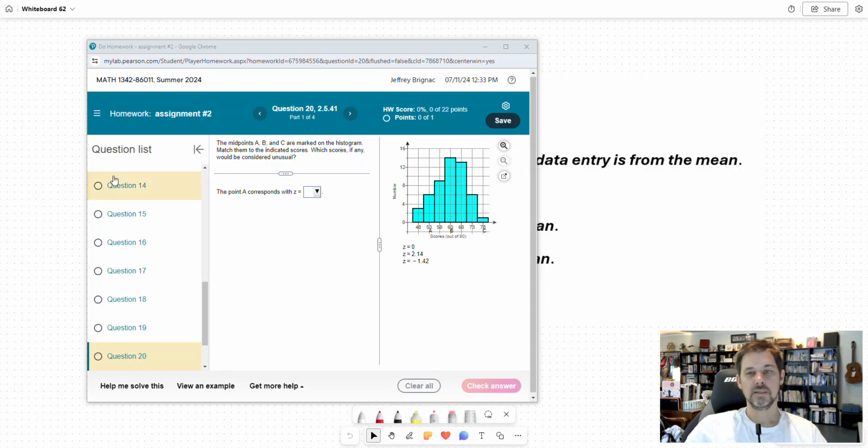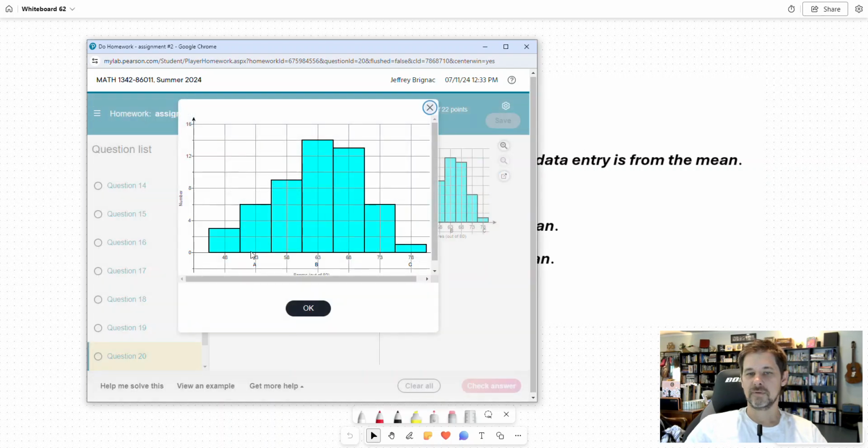Greetings, everybody. I want to look at this question, which is, at least at the time I'm making this video, question 20 from assignment 2, where we're asked to identify the z-scores for these points: A right here at 53, B right here at 63, and C right here at 78.